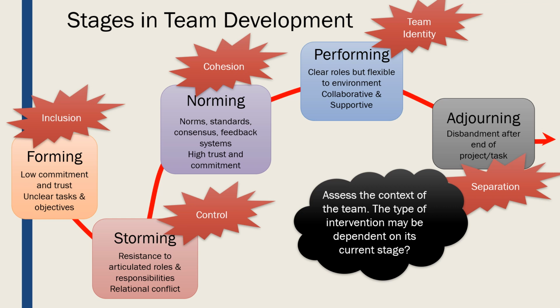When you're already performing and you have adaptive management on the fly, you want to make sure that the identity of the team is there. And when you're adjourning, you have those separation anxieties. How do you have closure?